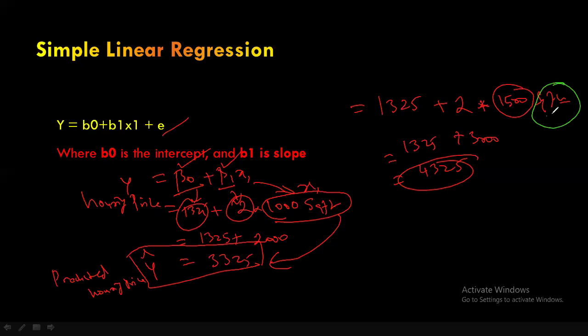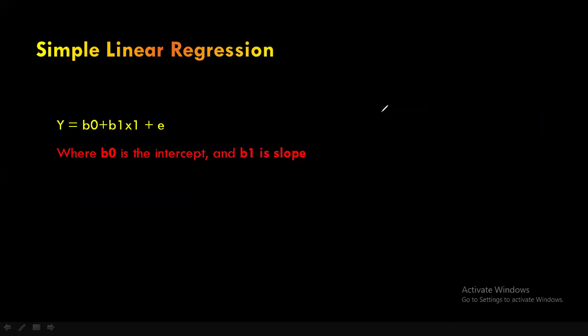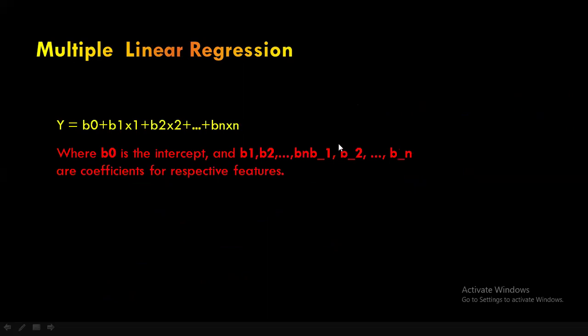Input feature is nothing but the columns, like square feet. In the case of multiple linear regression, the intercept remains the same. Only one intercept is there, the same as in simple linear regression.